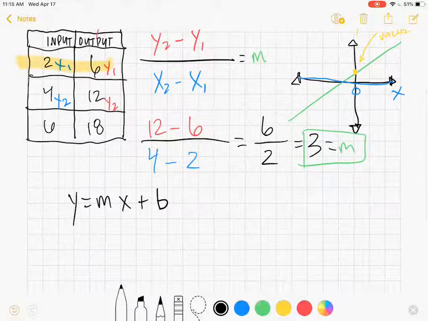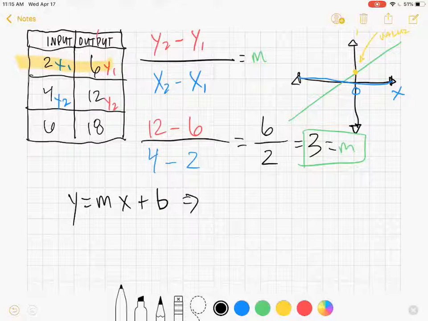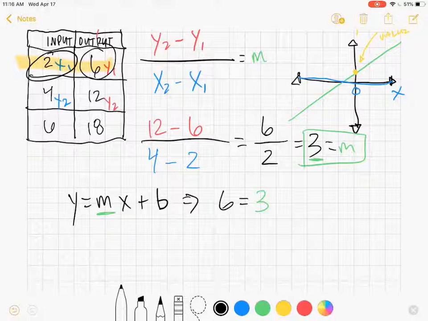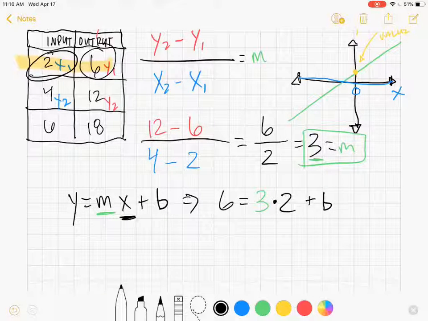Our y value is 6, so 6 equals m, which is 3, times x, which is 2, so 3 times 2, plus b, which we do not yet know. I'm going to write b in yellow.